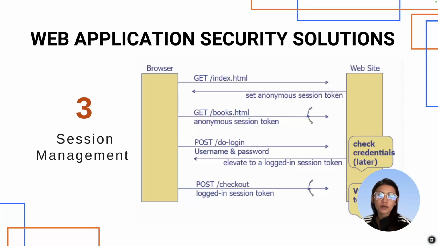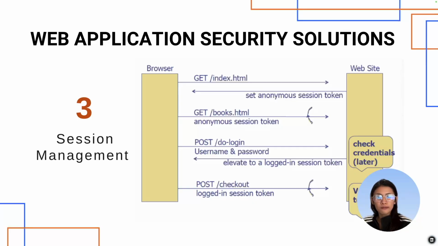As the user navigates, this token is included in each request. So when the user logs in by submitting a username and password, the server verifies the credentials and upgrades the session into a login session token.